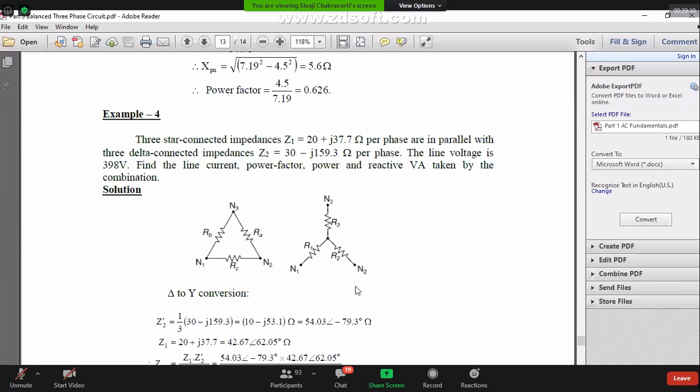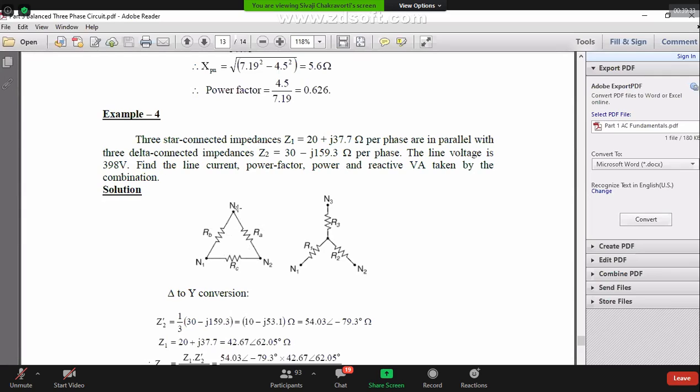There is something very interesting you will find. If you take this R1 in star, it is not connected across the same nodes as the delta resistance. If you just imagine that star in the middle, similarly R2 will not be in parallel with the other one. That means they are not connected across the same nodes.